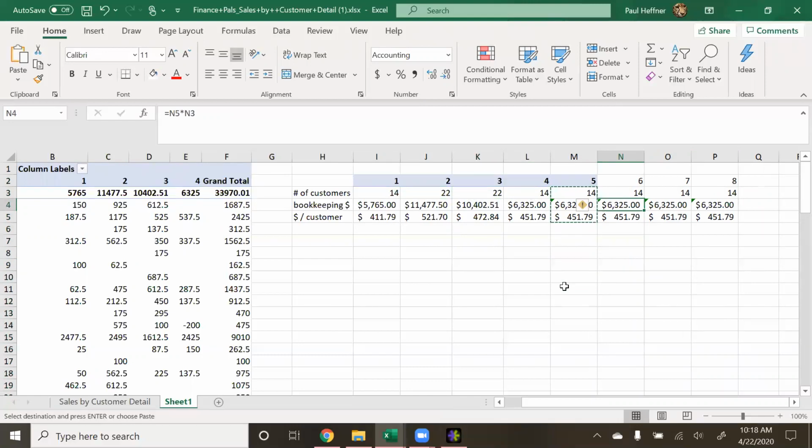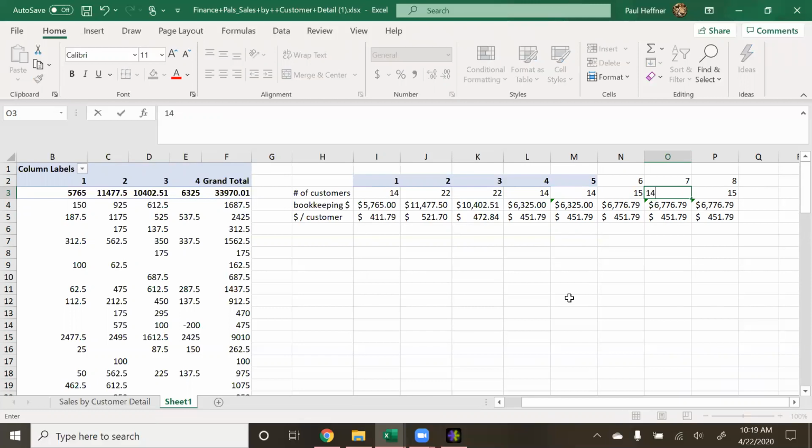And then you can play with it some. Maybe we know that we have one customer that's about to sign up. Maybe because of COVID-19 or things like that, we think we're going to lose customers here, and then by August maybe we'll have a bunch of stuff in the pipeline, and it'll be ramping back up.